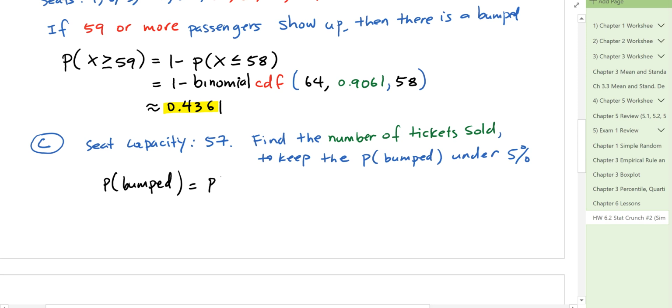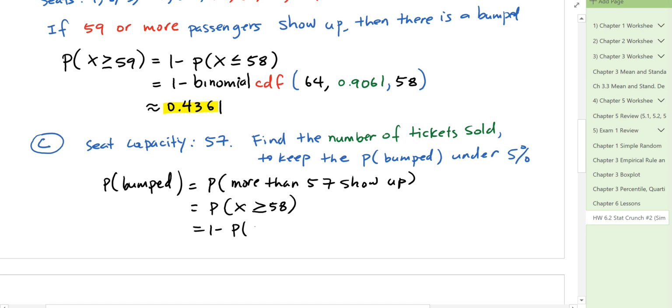So I want to find the probability that more than 57 show up. That means I want to find the probability that x is greater than or equal to 58. Well, that is given by 1 minus the probability of x less than or equal to 57. Right? If more than 57 passengers show up, then there will be a bump.